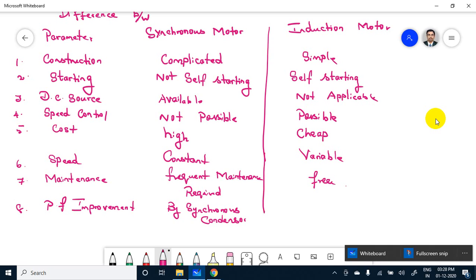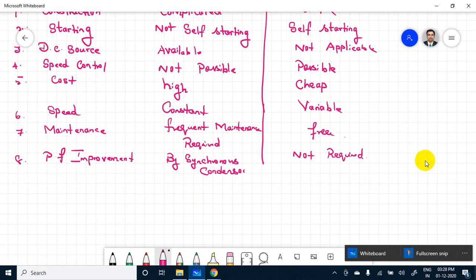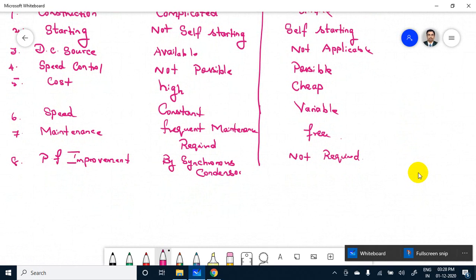But here it's not required because the synchronous condenser will be absent. Understand?